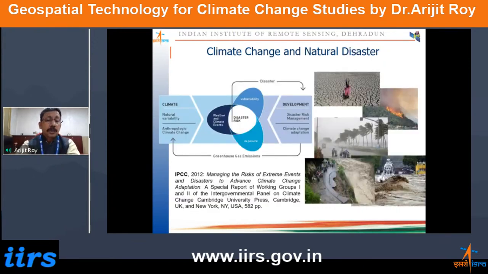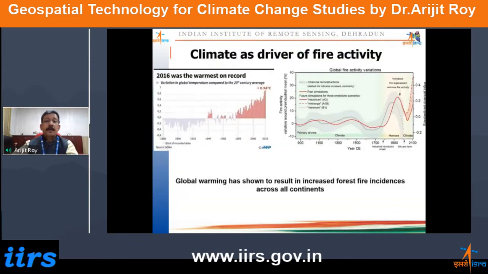Another area which is important for climate change is natural disasters, where space technology plays a very important role. Because of the coupling of climate variability as well as the anthropogenic impact, climate change is important in the disaster cycle. One of the very spectacular impacts is that of fire activities.